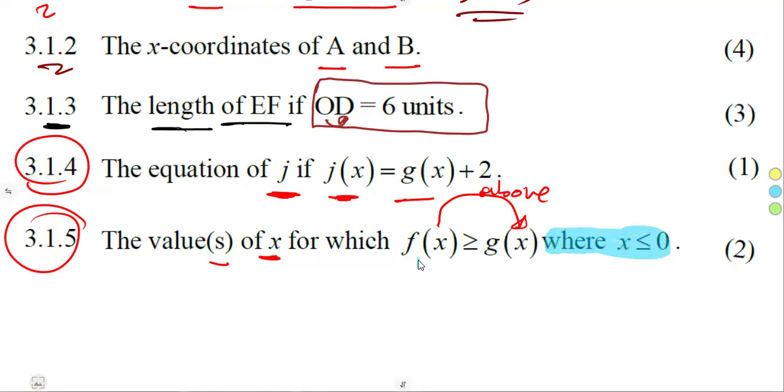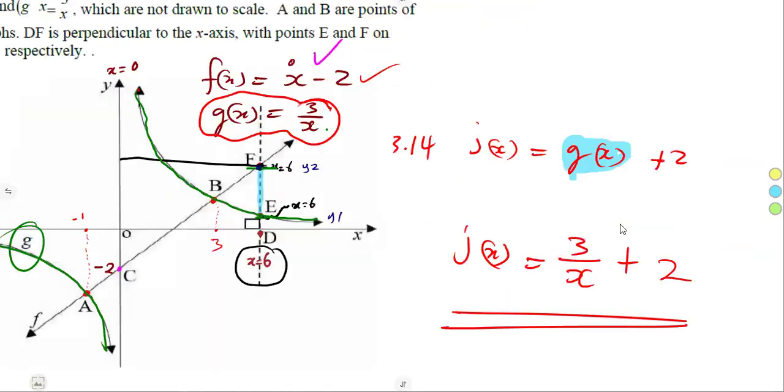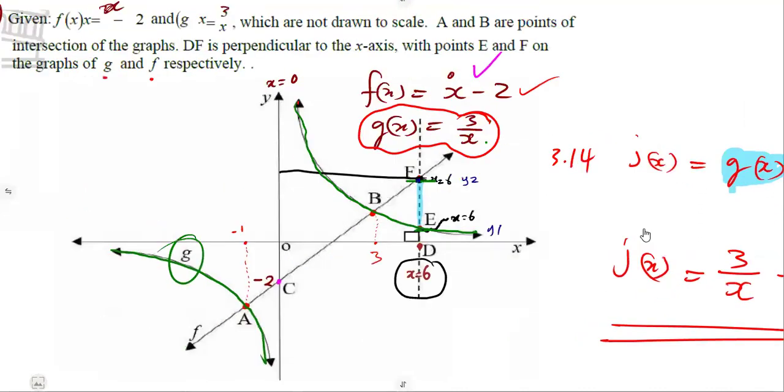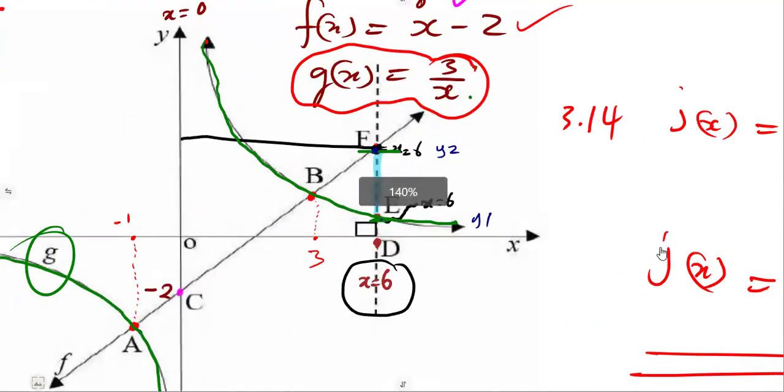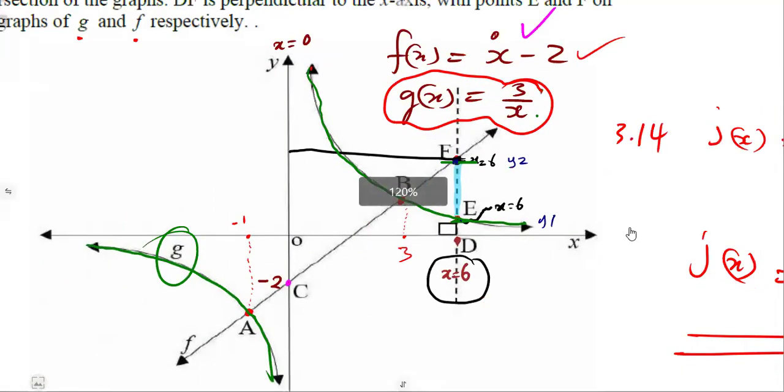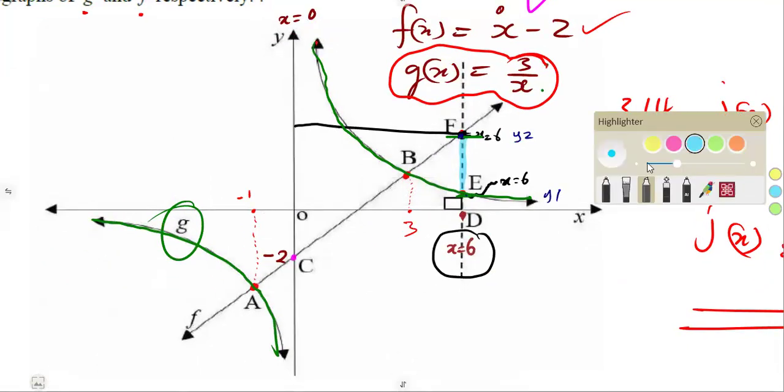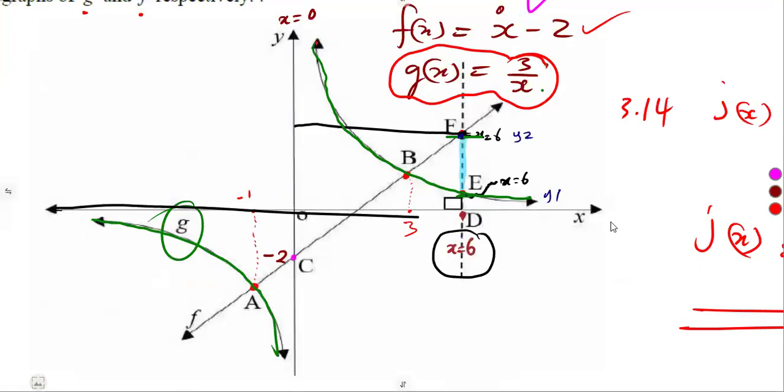Yes, we need where f of x is greater than Gx, but limited to values which are less than or equal to 0. Meaning to say, values of x that are less than or equal to 0. We are talking about the x values, guys. These are the x values on the horizontal axis. So this is where we've got our 0 here, the origin. Where is x positive? This side.